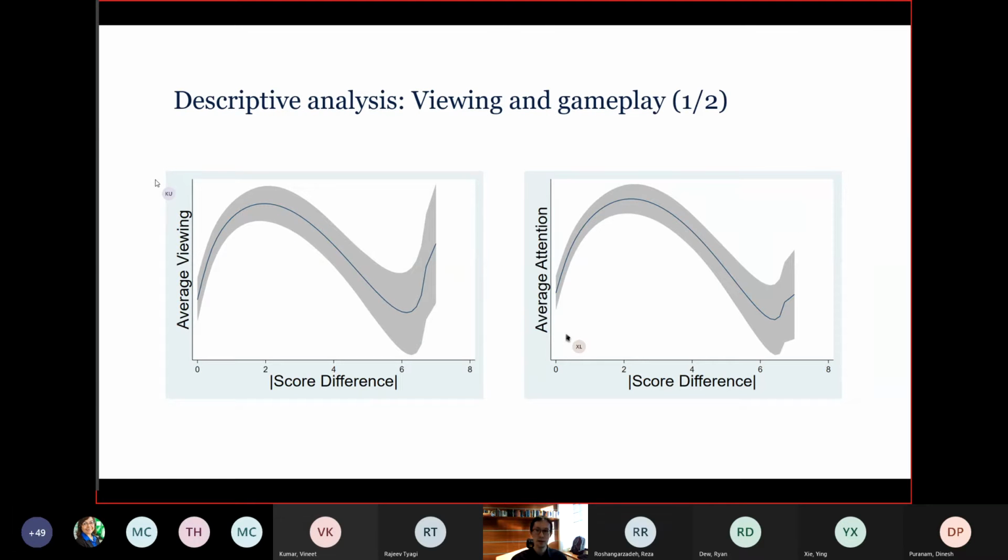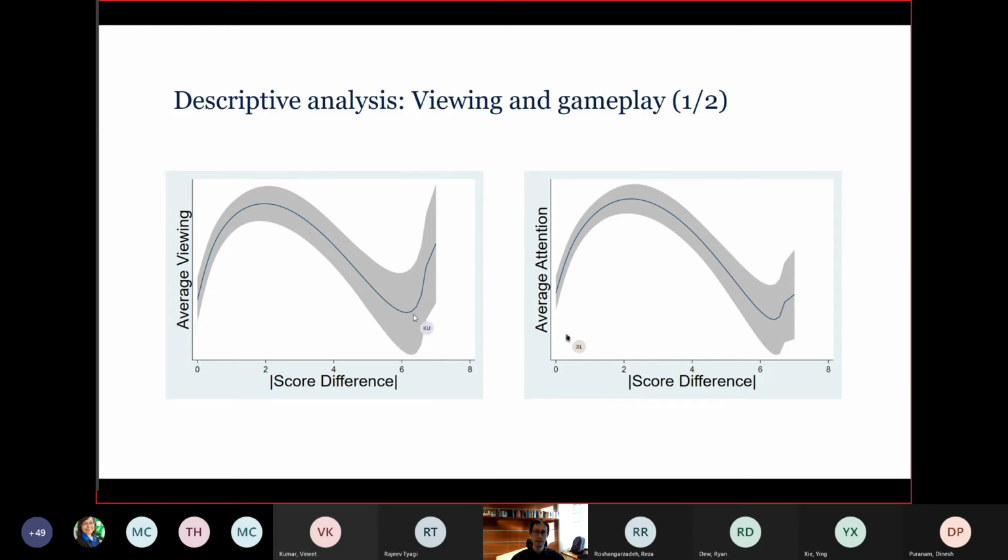So let me give you a few descriptive analyses to show the relationship between the program contents and the viewing and attention. Unfortunately, I cannot show you the exact numbers on the y-axis, but the y-axis is average viewing in the left graph and average attention in the right panel. The x-axis in this slide is score difference, and we see an inverted U-shape.